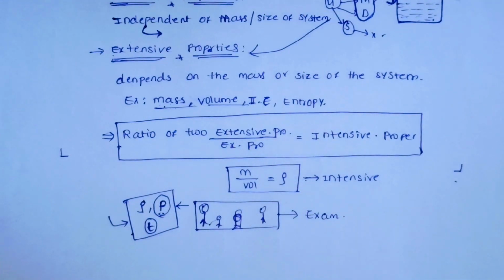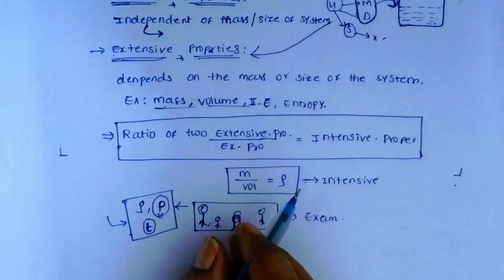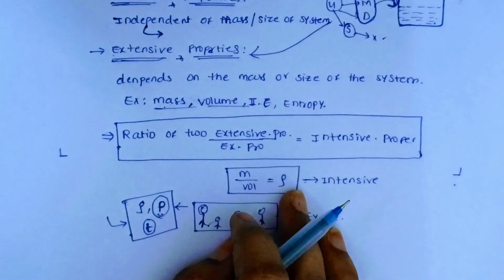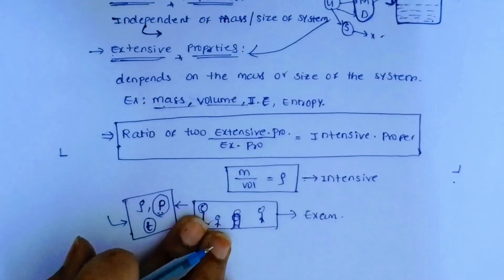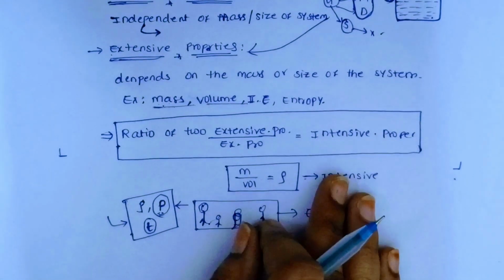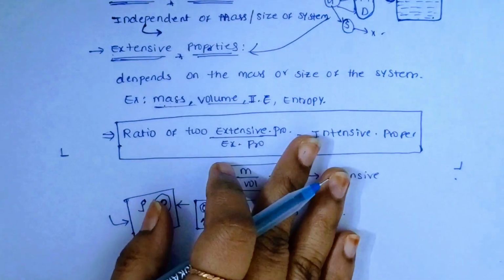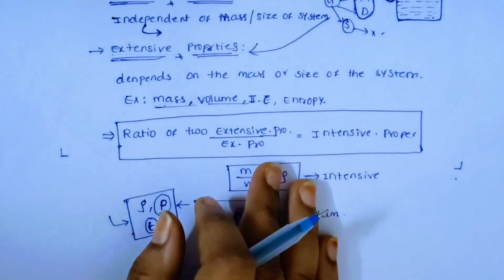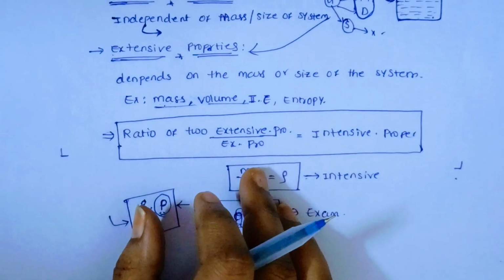So in this way you can identify intensive and extensive properties, and which systems come under open system, closed system, and isolated system. You can easily identify. I will give some problems in the community box.